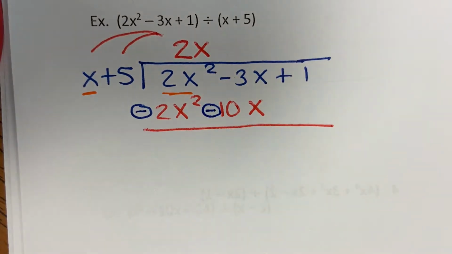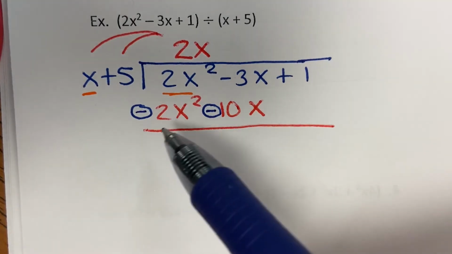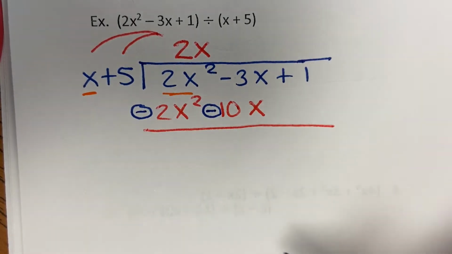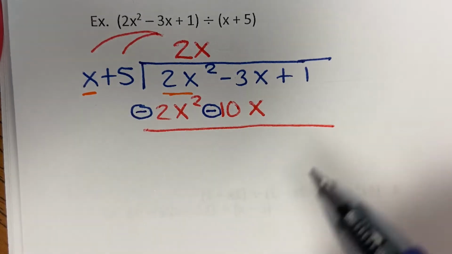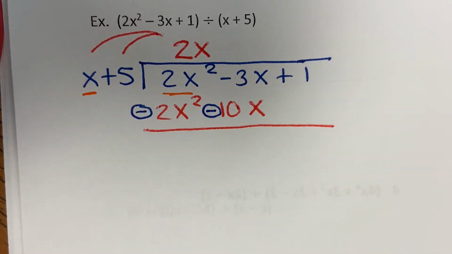Now, I'm circling those because I want to differentiate when I've changed my signs. Like if I go back to that problem, or somebody walks in my room and says something to me, then I want to remember that I've done that. Because it's a real easy way to make a quick mistake. So ultimately, subtracting makes your signs change. I circle it just to make sure that I remember that I have already taken care of that part.